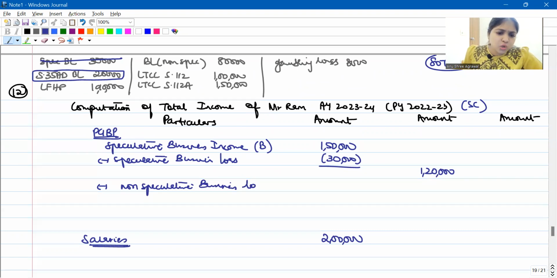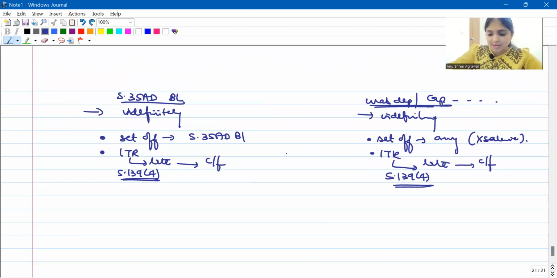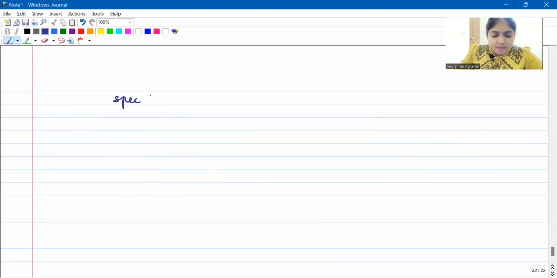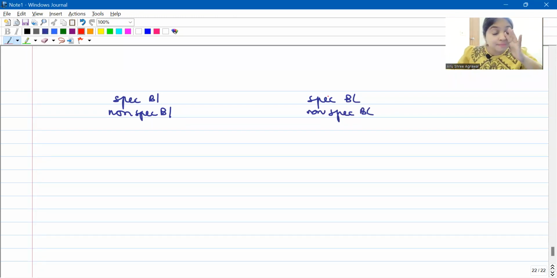Tell me, can I adjust non-speculative business loss against speculative business income? Yes. See, I have speculative business income. I have non-speculative business income. I have speculative business loss. I have non-speculative business loss. Speculative business loss I can adjust against what?